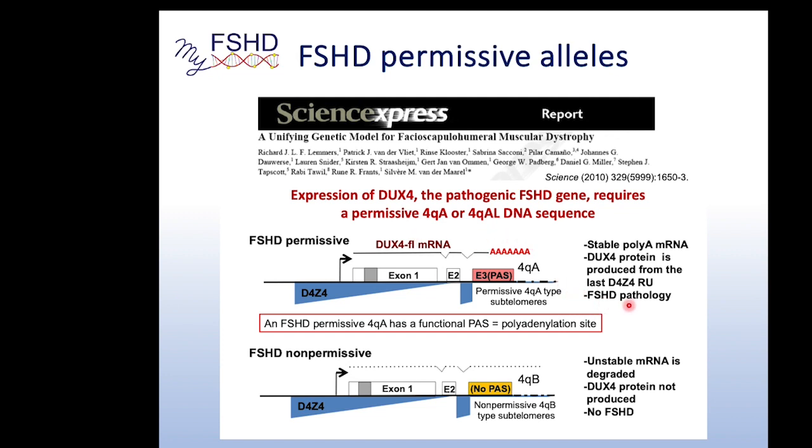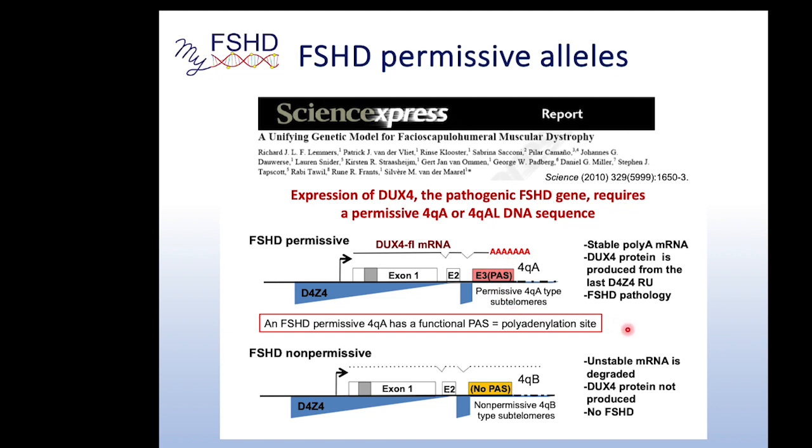And then you end up getting FSHD pathology. In non-permissive subtelomeres, they don't have this sequence. So the DUX4 gene can be activated, transcribed, spliced, but you don't get this polyadenylation. So the mRNA is unstable, degraded, no DUX4 protein, no FSHD. All right, and on chromosome 10, which also is not associated with FSHD, it's a single base change on the 10A subtelomere right in the polyadenylation signal.